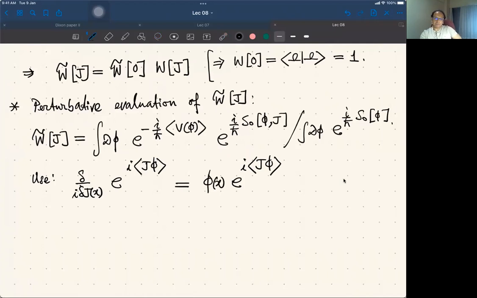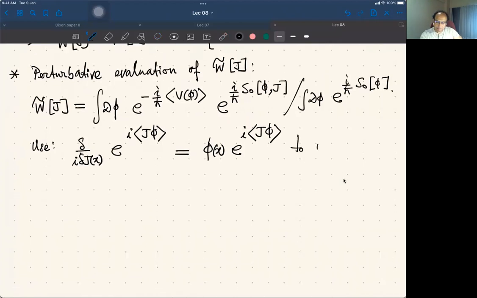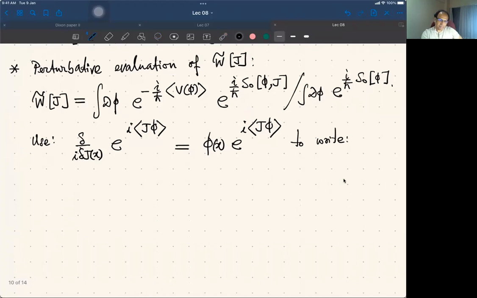So if you see a φ(x) factor in front, then that can be replaced by a derivative with respect to j, right? You do such tricks all the time in Fourier transformations.